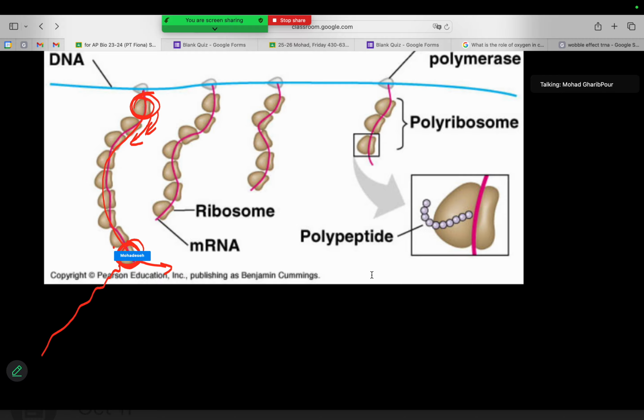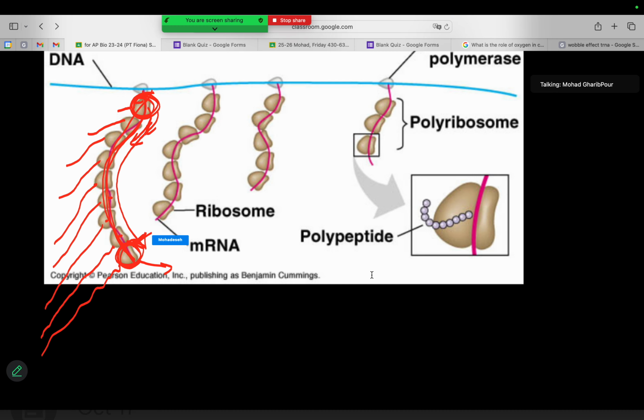And then this one has a shorter protein chain, because it's more fresh. And this is just starting out the protein chain. So one mRNA strand, but you'll have multiple ribosomes attaching to it and moving forward and creating protein.